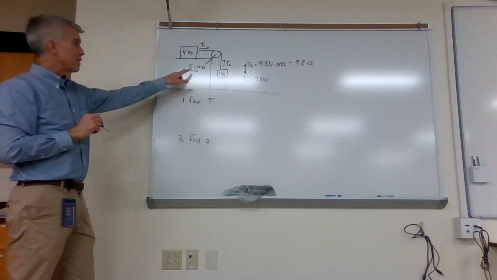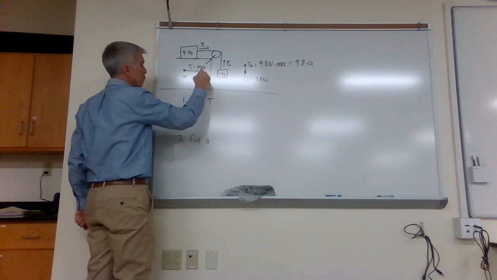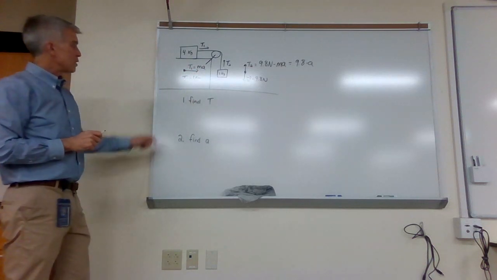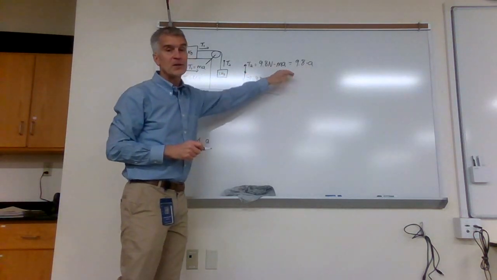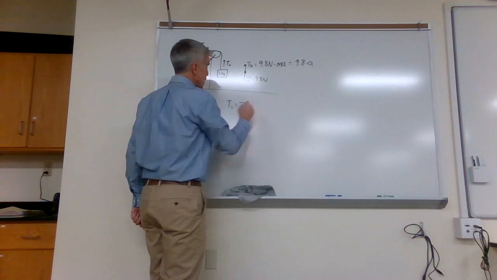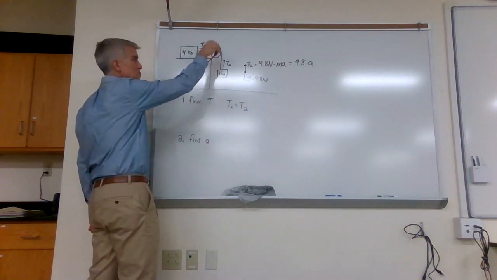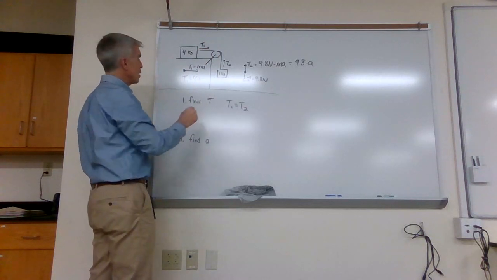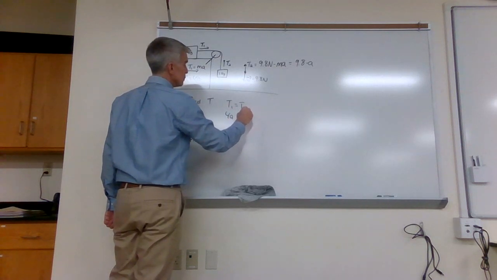This mass is 4 kilograms, so T1 equals 4A. So we have an expression for T1 and an expression for T2. We know that the tension is the same everywhere in that string because the pulley has no mass, so T1 equals T2.